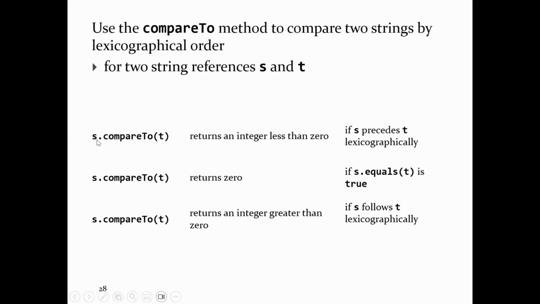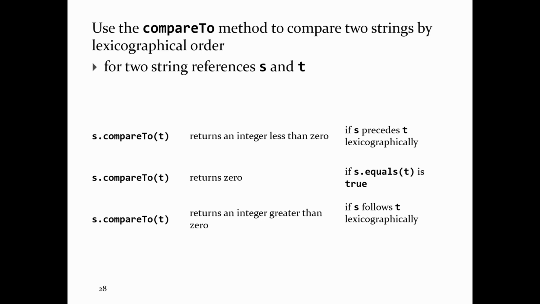Right? So S compared to T returns a negative value if S comes before T in the dictionary. S compared to T returns 0 if S equals T is also true. So another way to test if two strings are equal is to use s compared to t, and then check if the answer is 0.